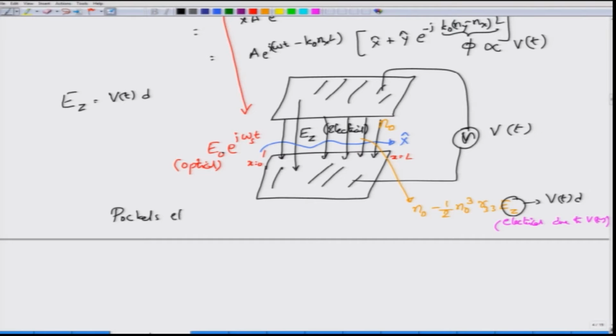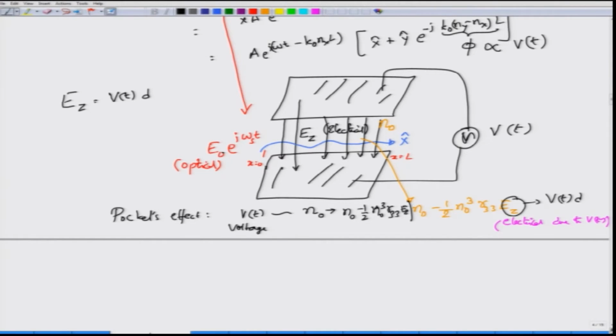And what is Pockel's effect? It implies that you can apply external voltages, that is, a potential difference, and then change the optical properties. That is, you can change the refractive index from N0 to N0 minus half N0 cube R33 Ez, Ez being the result of applying voltage V of t.